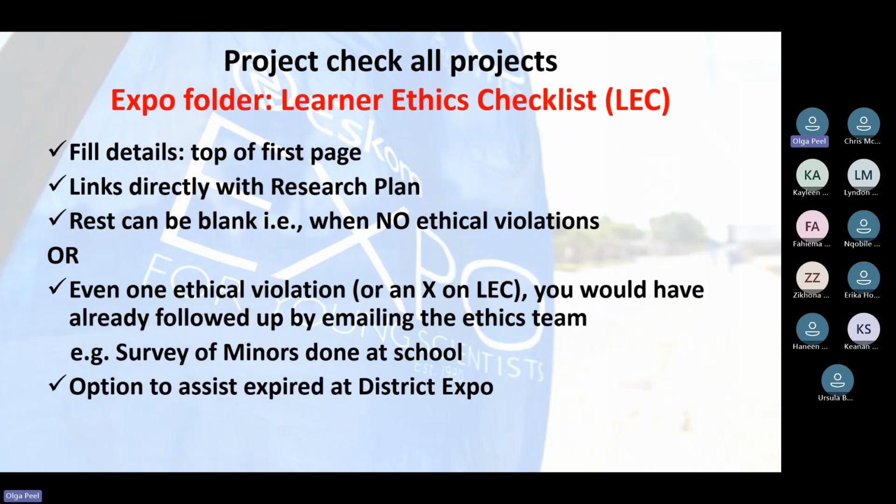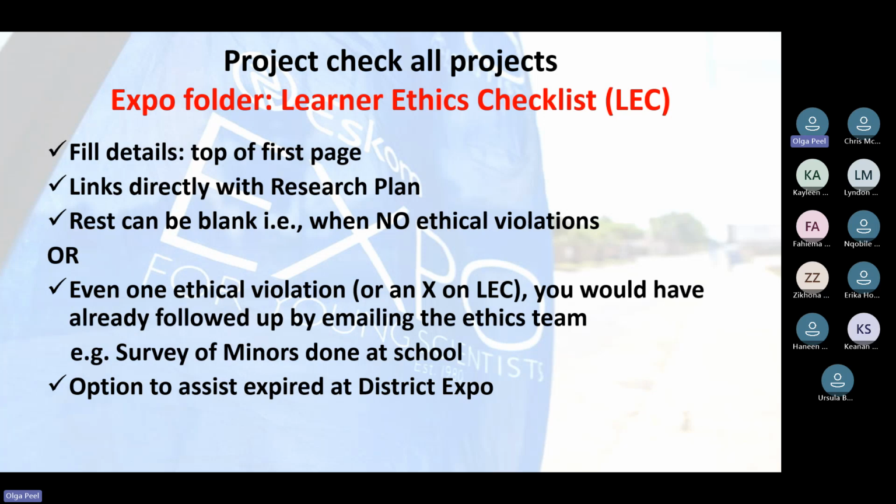This is done together with the research plan. It's not a separate thing, okay? It comes as a 2-page blank document, and obviously the learner will fill in their name at the top of the first page. Now, if nothing on the sheet applies to the project, then there are no ethical violations and no X's, but it's unlikely because social science projects are about humans.